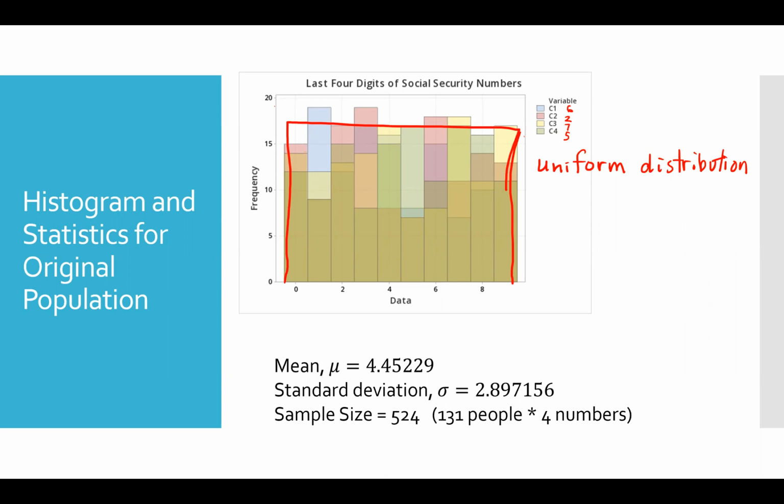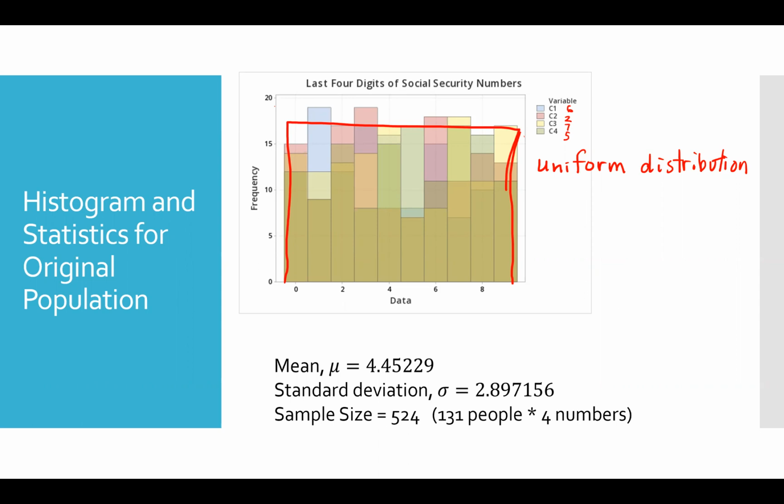So initially, we have a uniform distribution. If I look at each individual data value as an individual, we have a uniform distribution. Now, if I take those same sets of numbers, and instead of looking at them individually, I look at them as a group.